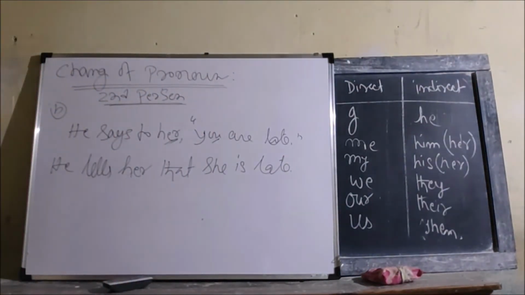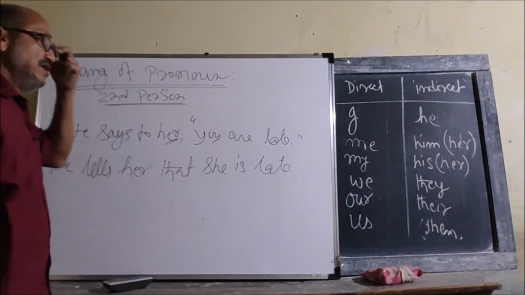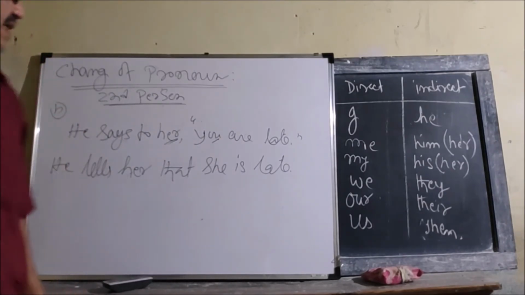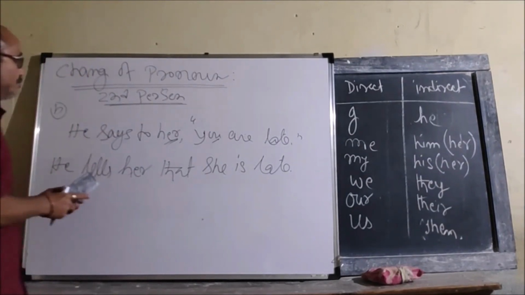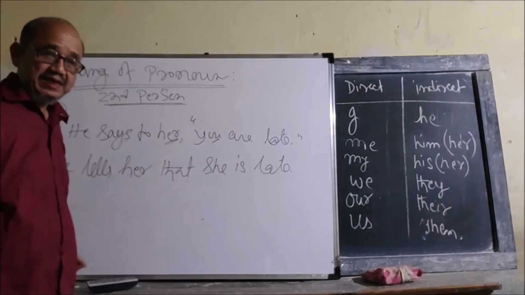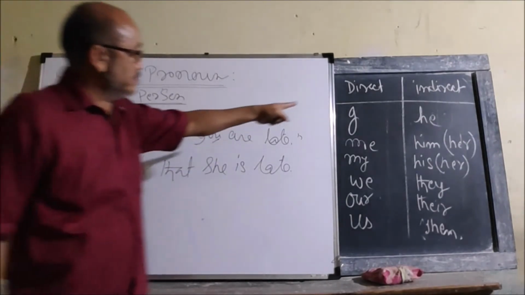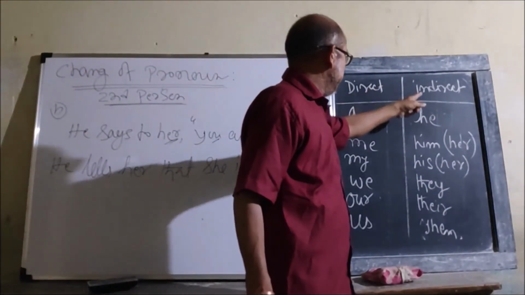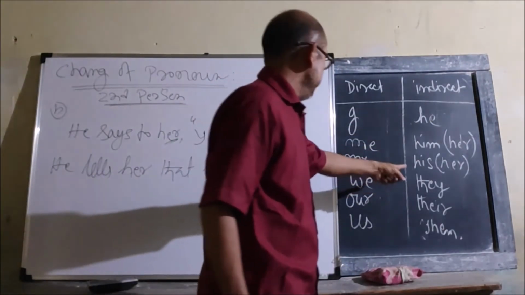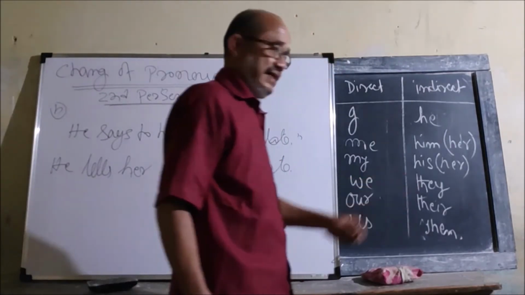Thus, we can say this is the pronoun system. But for the third person, there is no sense change. That means it will remain the same. Already we discussed sense of the person, direct and indirect: I, he, me, him, my, his, we, they, our, their, and us, them.